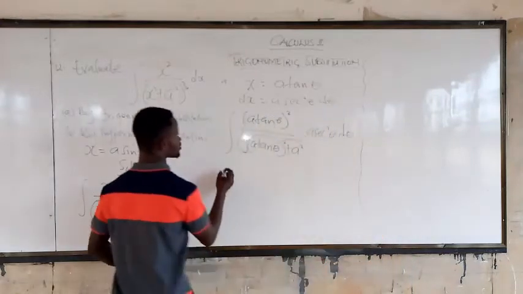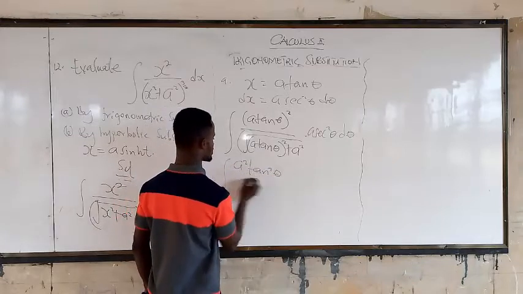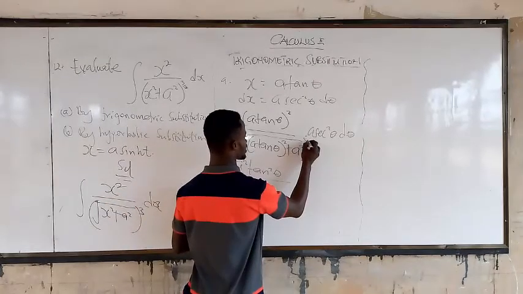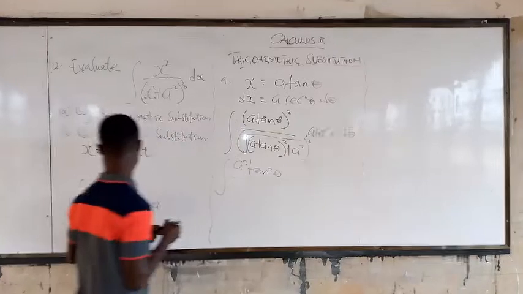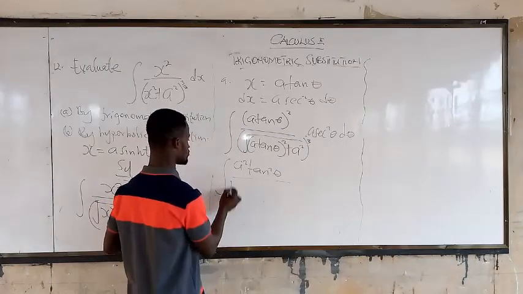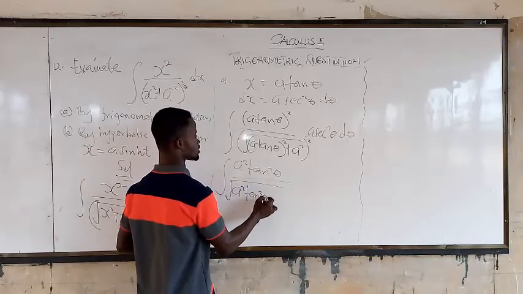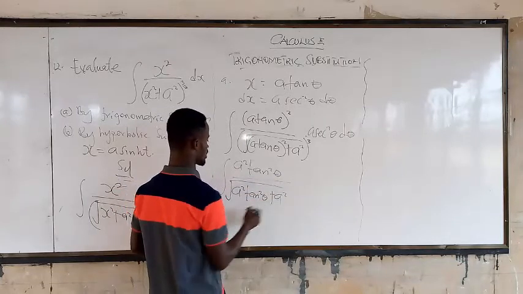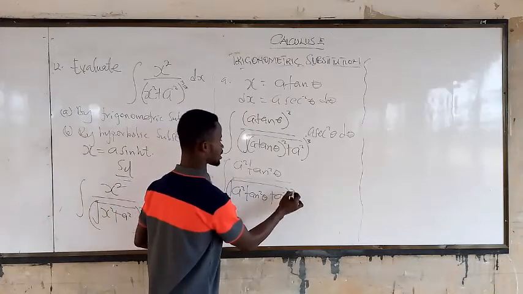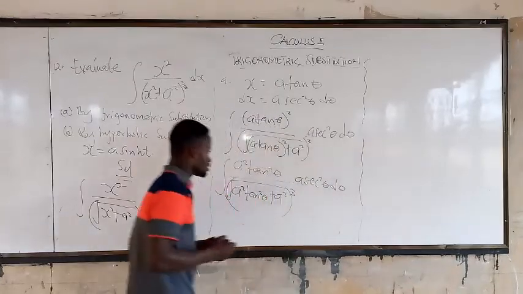So we are going to get a squared tan squared theta over, and don't forget that the whole of this is power 3, a squared tan squared theta plus a squared, and the whole of this power 3, a sec squared theta d theta.